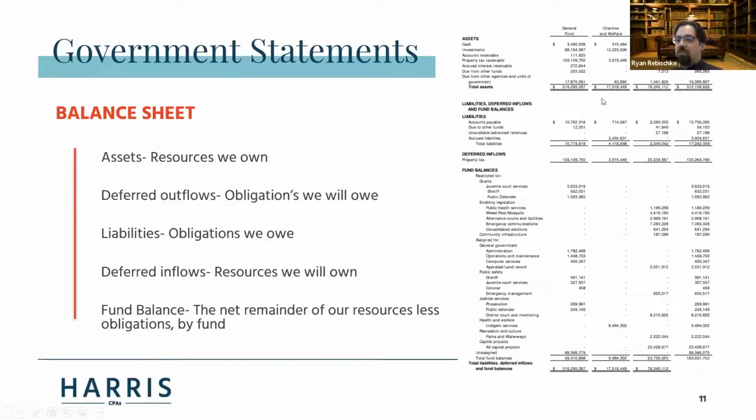So assets on the left have to equal your deferred inflows, liabilities, and your fund balance. So if you ever see statements where this number doesn't equal this number, those are poorly prepared statements. They are wrong. You will probably never see that. That would be pretty crazy for a government to produce statements that didn't agree. But if you do, now you'll know.